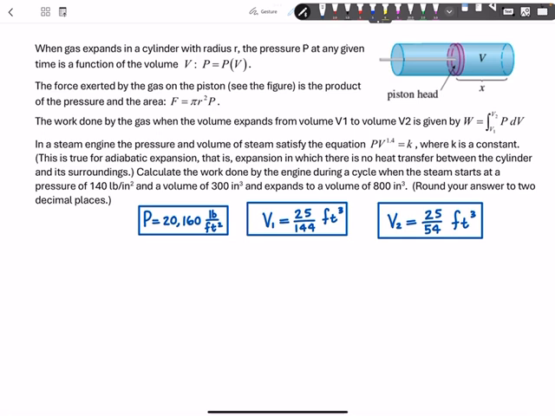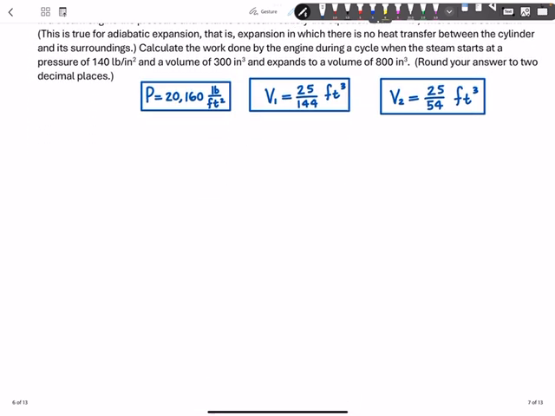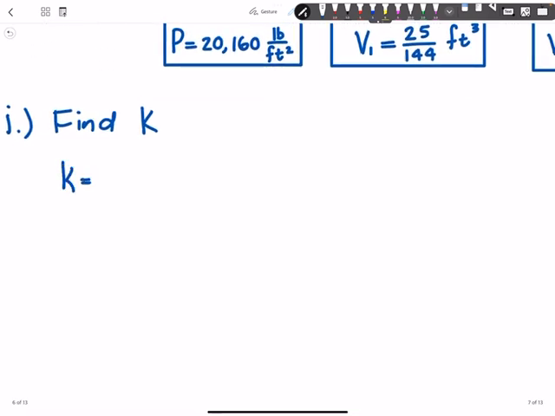So for step 1 of my problem, let's see if we can find that constant K. Remember that K is equal to that initial pressure times the initial volume raised to the power 1.4. I'm putting the subscript initial on there so that you can see that we're using the initial values.